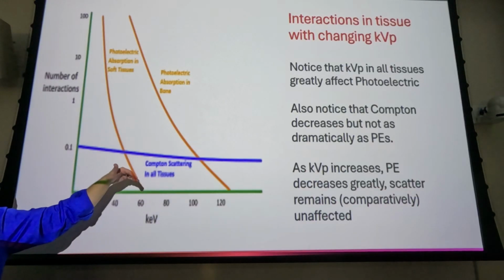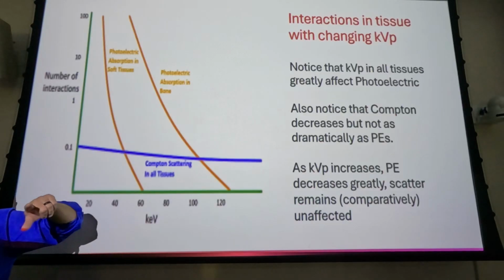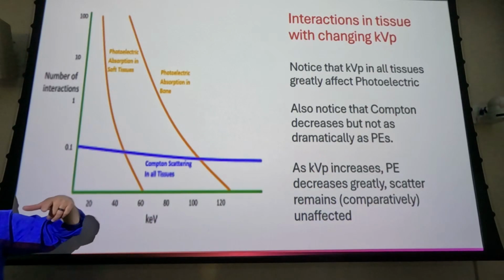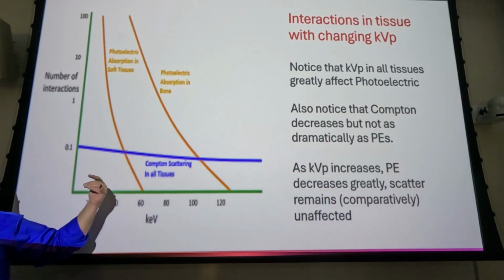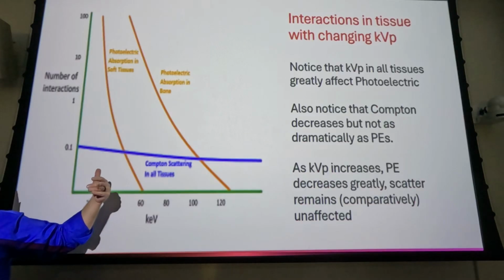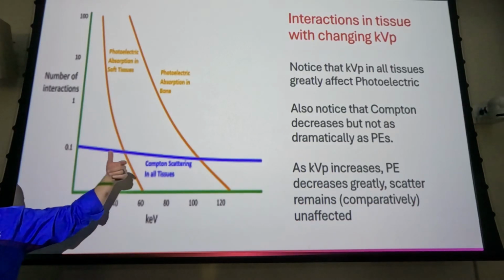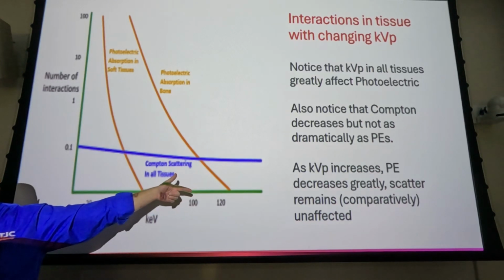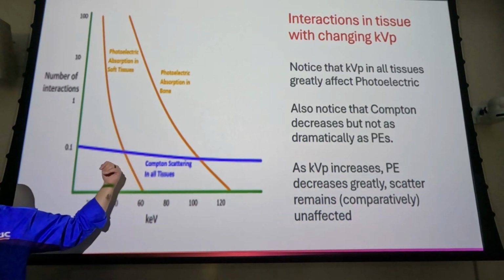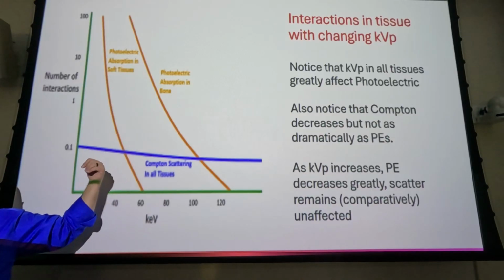So what we're just talking about here is single scatter events. So is it more likely to scatter in bone or soft tissue? Well, soft tissue, but not by a lot. Is it more likely to scatter than penetrate through soft tissue or bone? Soft tissue, right?